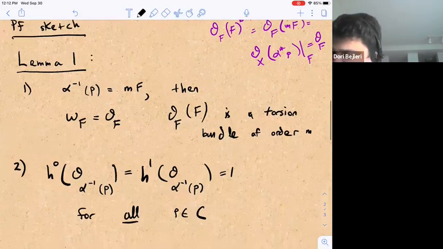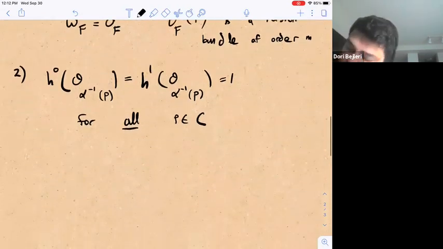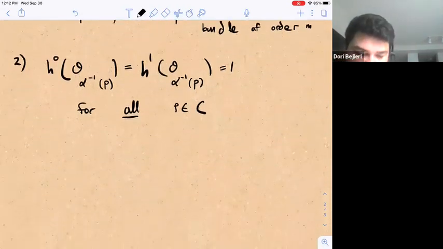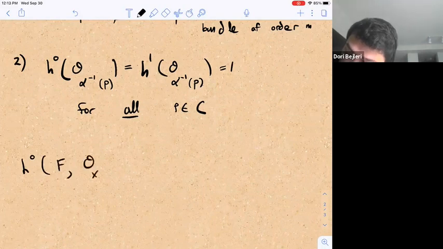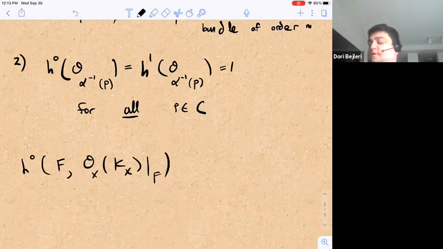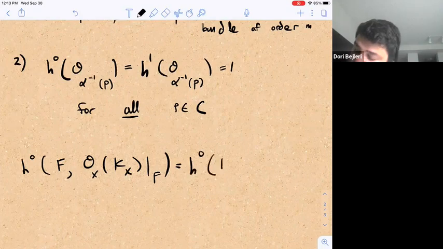So what does this buy us? If we look now at H0 for any fiber, if we look at H0 of F with coefficients in the canonical restricted to that fiber, well, by adjunction, this is H0 of F, comma, the canonical of the fiber.